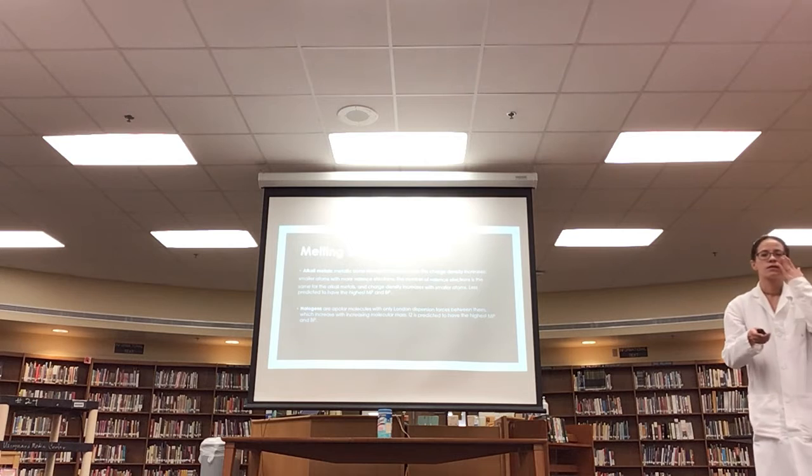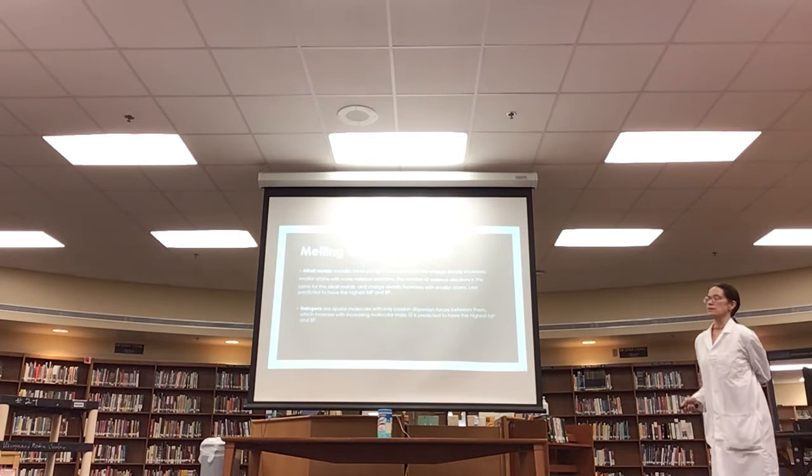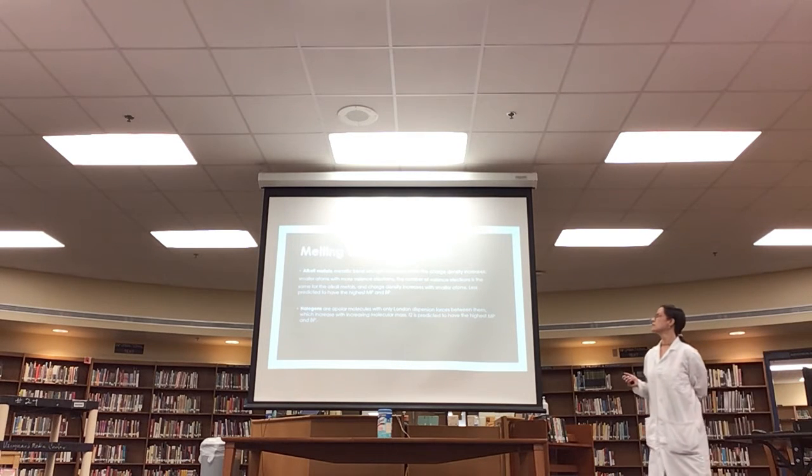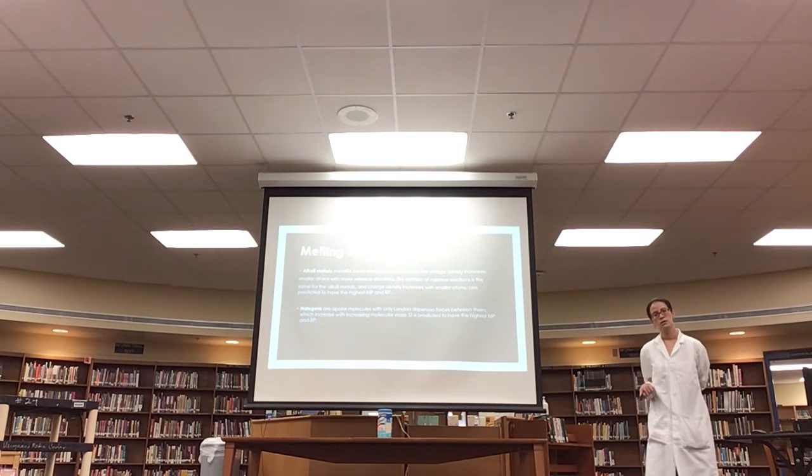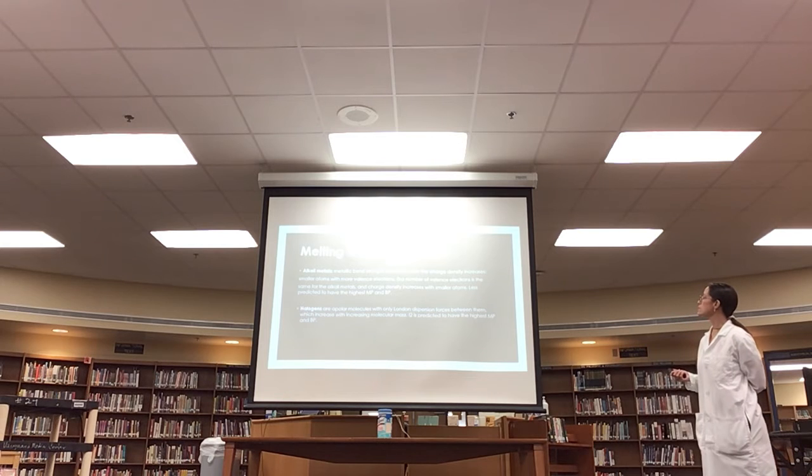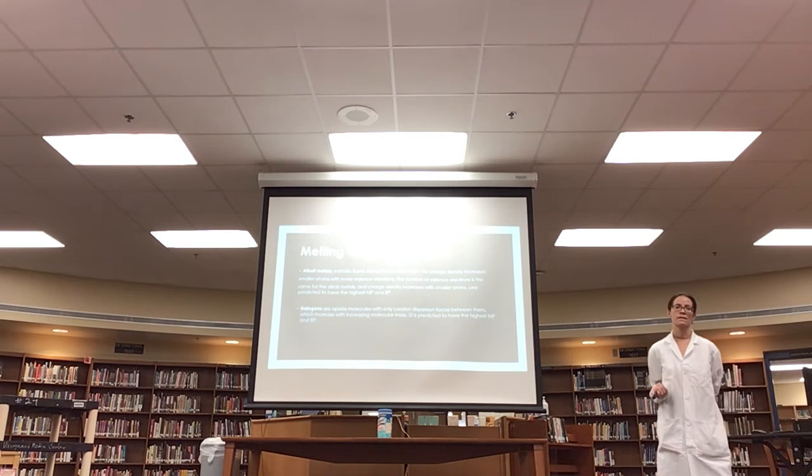Like the density. So what is density? Charge density is like how much of a charge you have in a specific space, kind of. Yeah. So how can you increase the charge density? By adding smaller atoms that have more valence electrons.